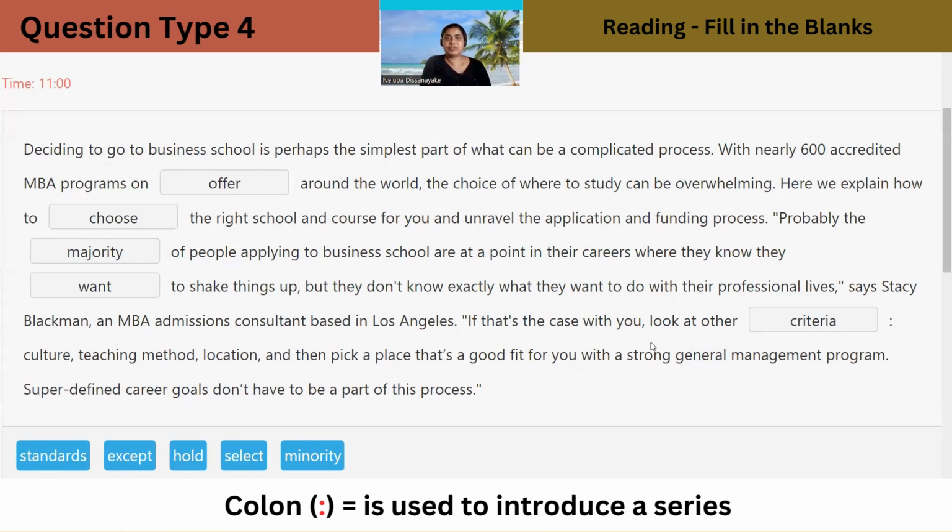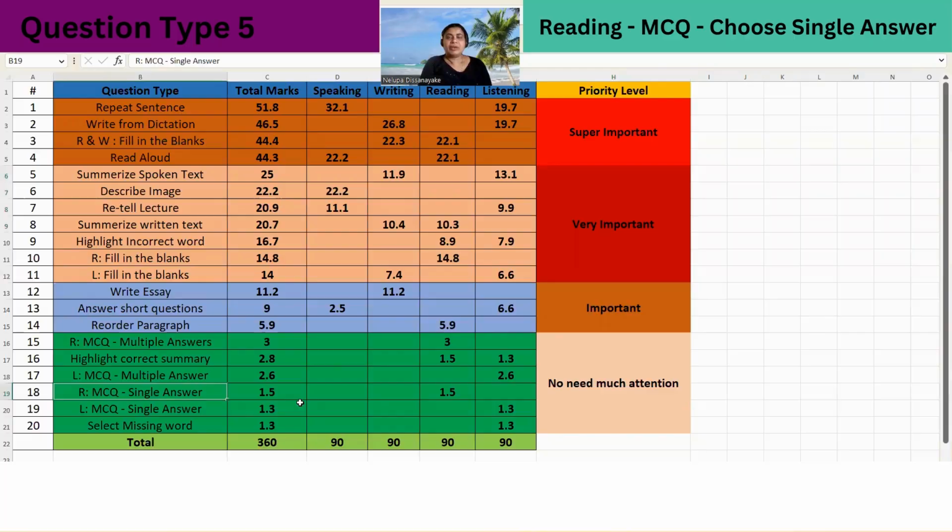Now let's move to the next question. Question type 5 in the reading section is the reading MCQs choose single answer. You will be given 1.5 marks for this question for reading. This question is not that important because you will have only 1.5 marks out of 90. Now let's see how you can face this question in the exam.